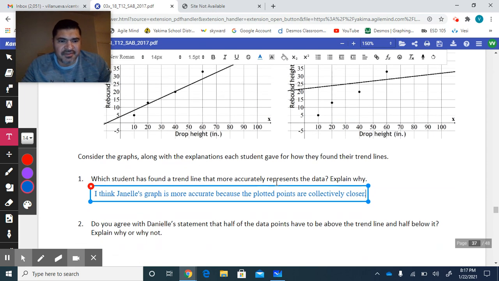Okay, let's take a look at number 2. Do you agree with Danielle's statement that half of the data points have to be above the trend line and the other half below it? Explain why or why not.